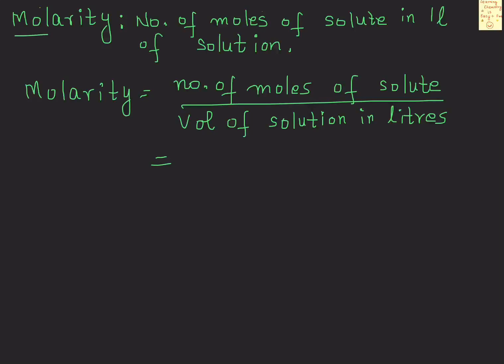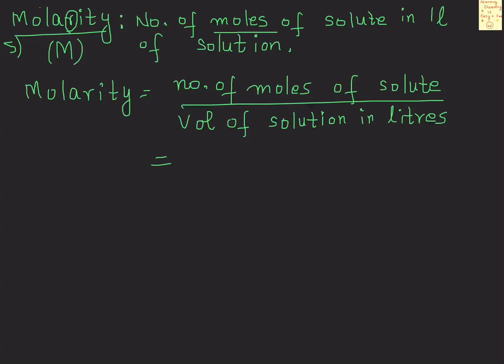Our next definition, that is the fifth one, is molarity, which is expressed as capital M. Simply defined, if you see molarity, please be very careful about the alphabet that I am using over here, MOLARITY.